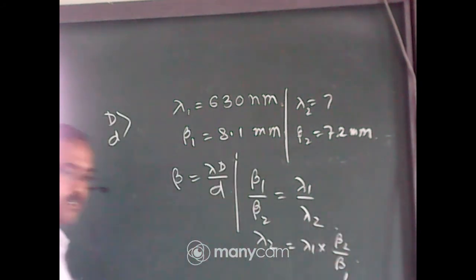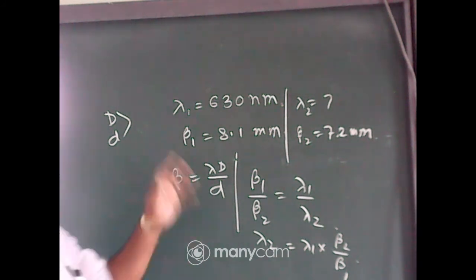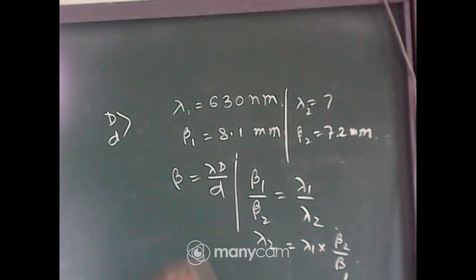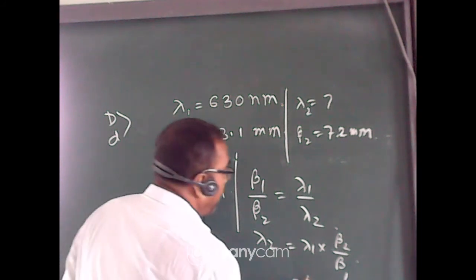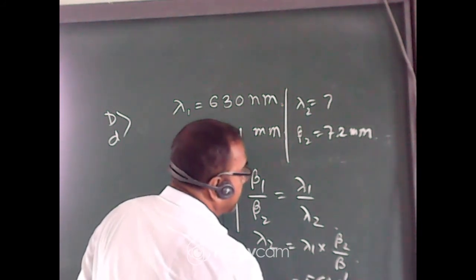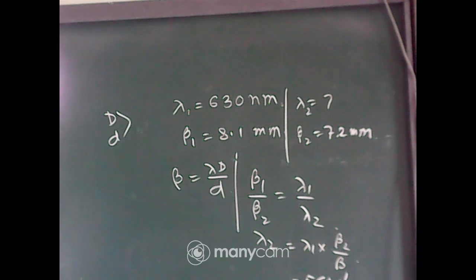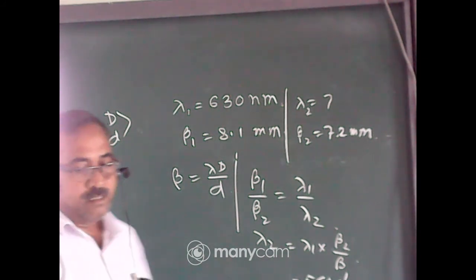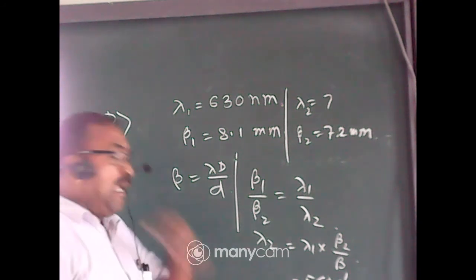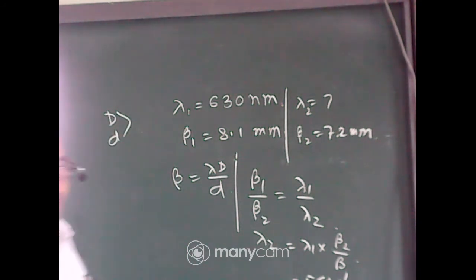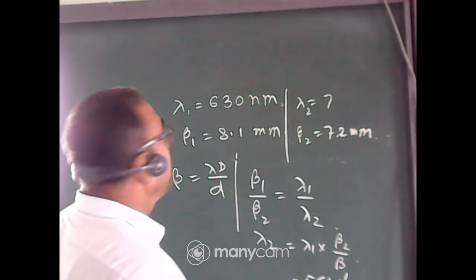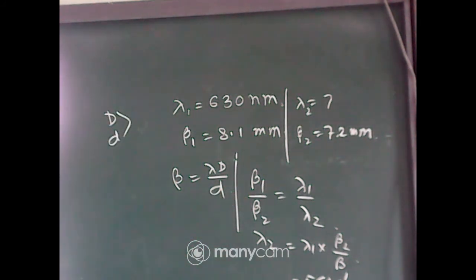Put the values in this equation and find lambda 2. The answer is 560 nanometer. My dear students, try to complete this numerical in this method.